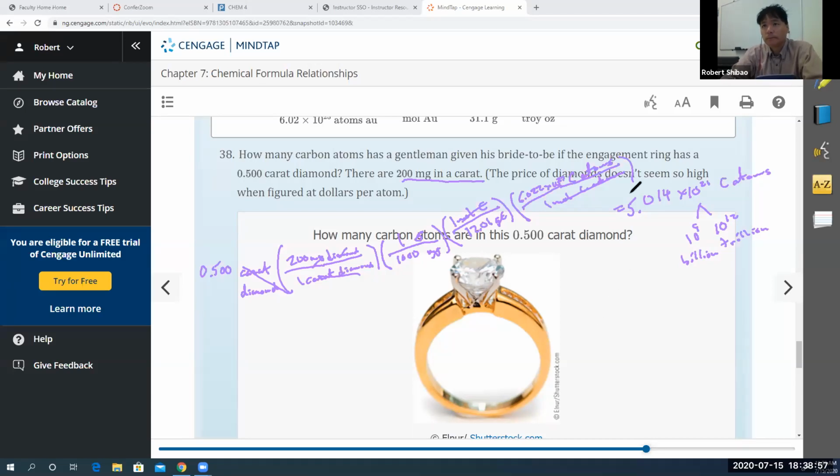Now, out of that 5 billion trillion carbon atoms, we have 2 isotopes. This would be like an advanced problem, but advanced problems, like I said, are much easier to do if you have the basics mastered.